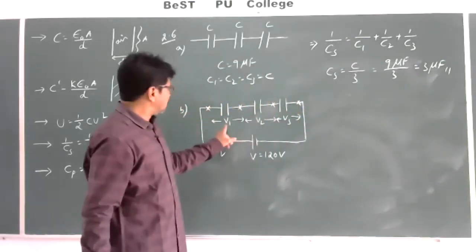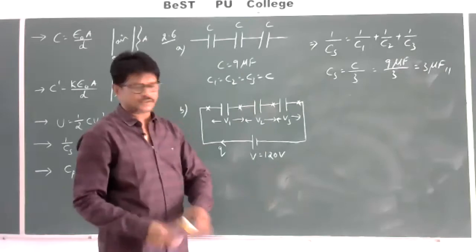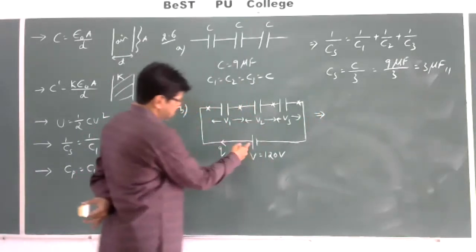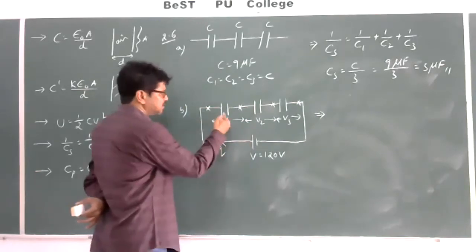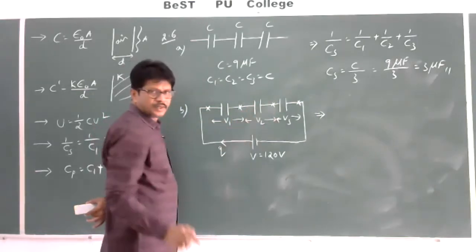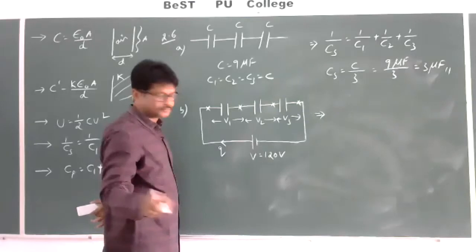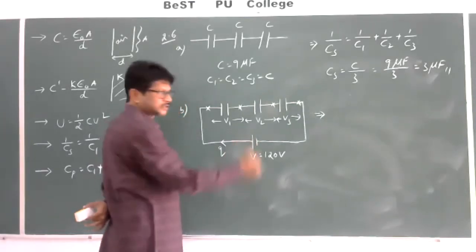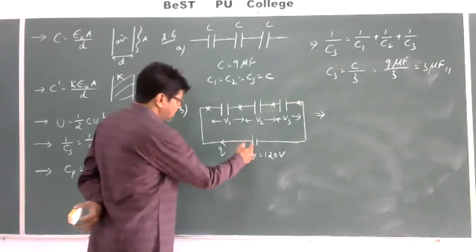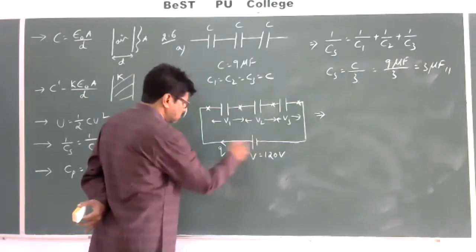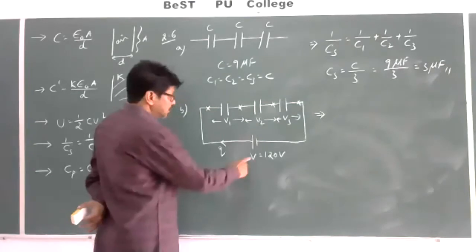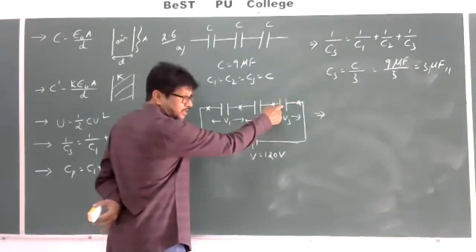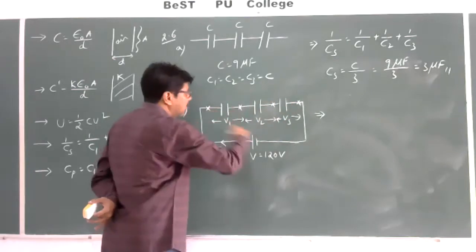The traditional method we need to follow here is this: in a series combination, the same charge will flow. And we already discussed that the amount of charge coming from the source does not depend only on C1, C2, C3; it depends on the combination.